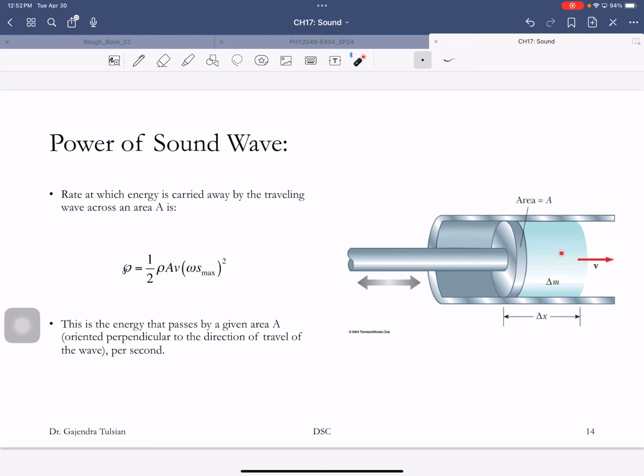Rho is the density of the medium. A is the area of cross section that you're looking at. V is the speed of sound. Omega is the angular frequency, and S is the amplitude of the particles oscillating. So the power always depends on frequency and amplitude squared. This is a common feature.